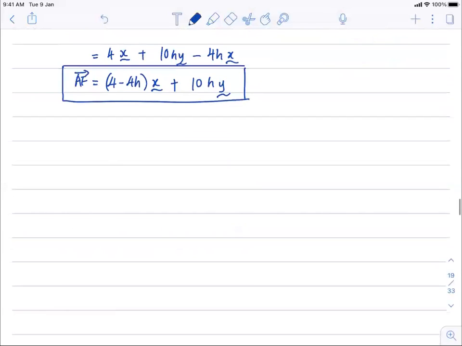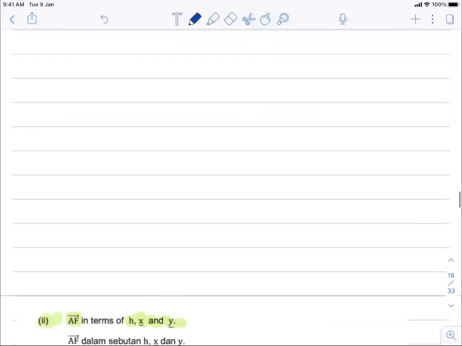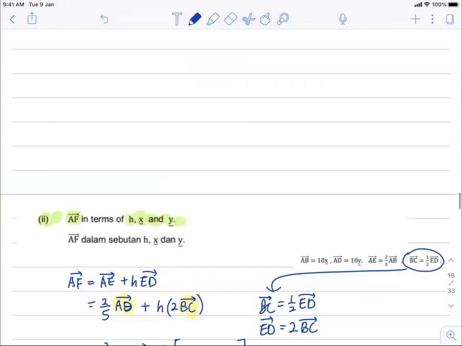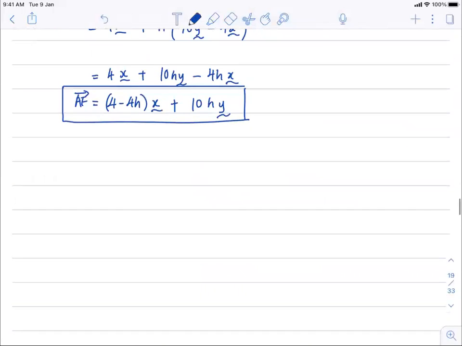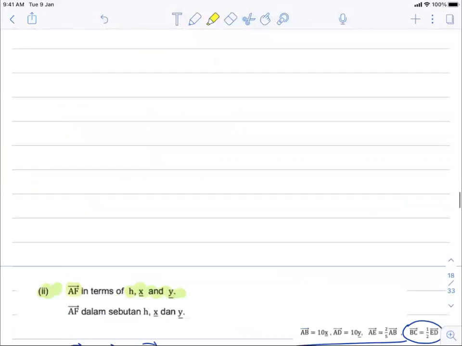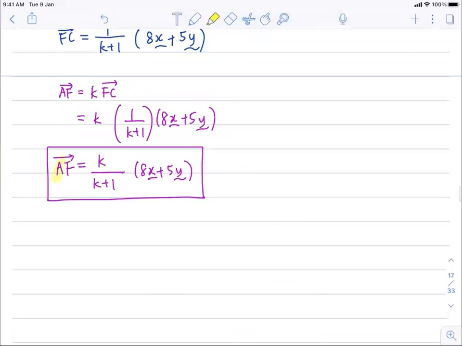Okay, now let us move on to the next question. The next question is part C. Part C asks us to find what is the value of k and what is the value of h. So to calculate k and h, we need to compare the two results we obtained from the previous part. The first result we want to take is this one.